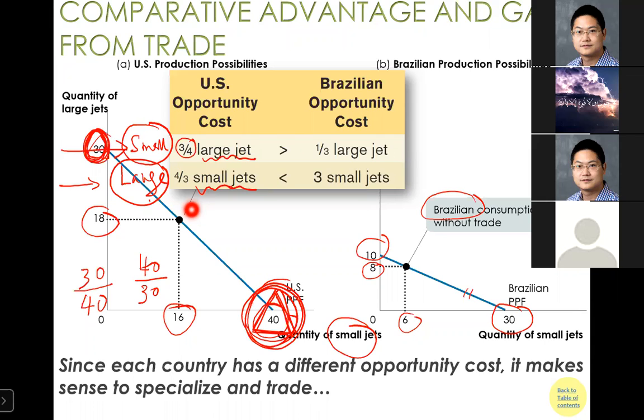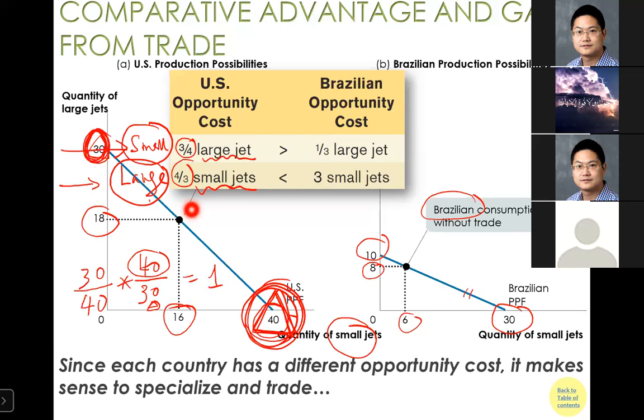This is what you want to produce, 30. This is what you give up. So 40 divided by 30 is the opportunity cost of larger jet in terms of small jet, 4/3. Interestingly, the opportunity cost of one good in terms of the other good are reciprocals. In other words, if you multiply these two opportunity costs, you should get 1.